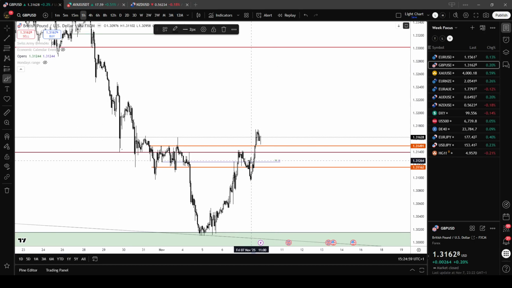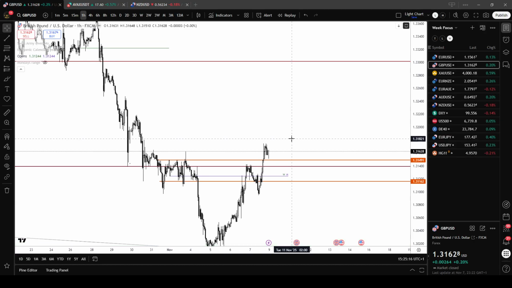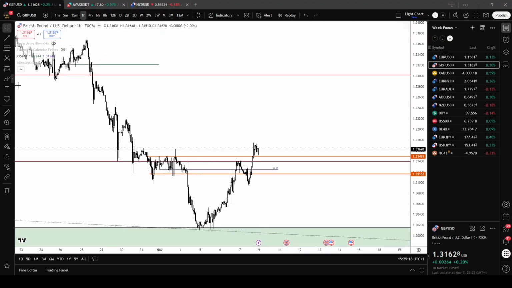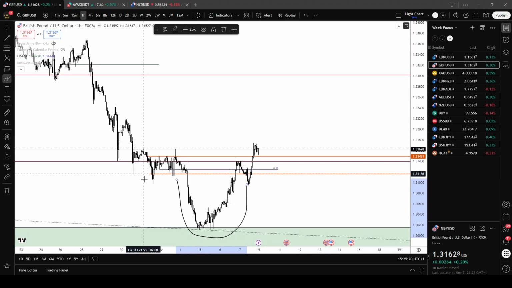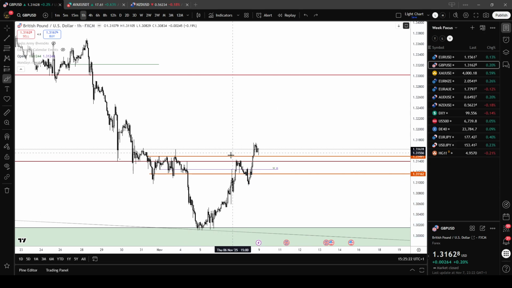So GBP had this bit of a move lower from the monthly open. It was based on news, I think, on economic GBP data. But it quickly recovered and closed above this range. So we've deviated the range lows and closed inside.